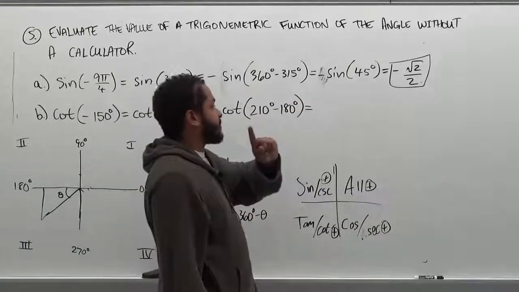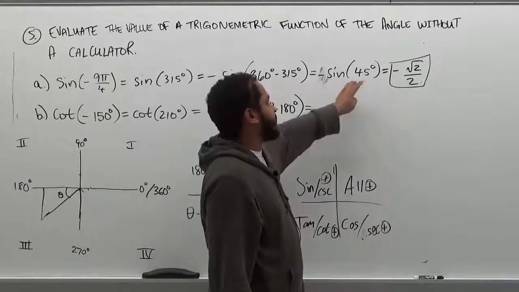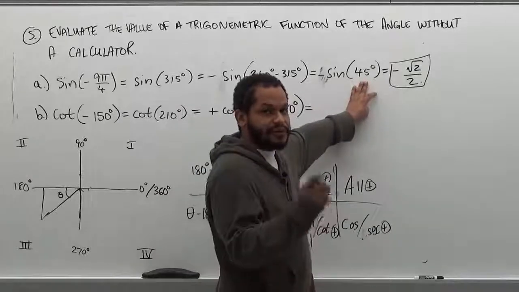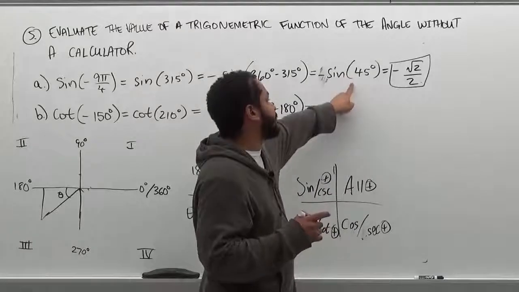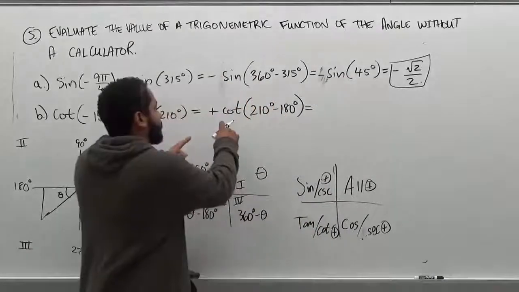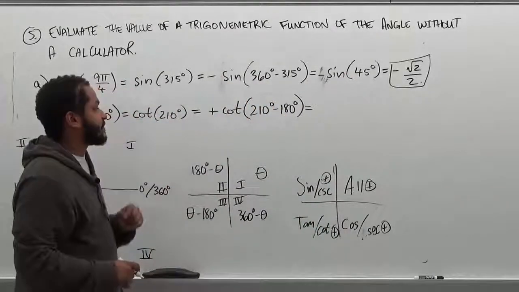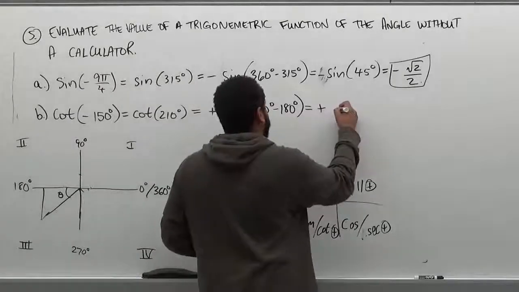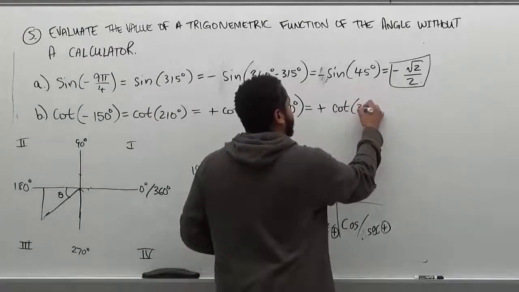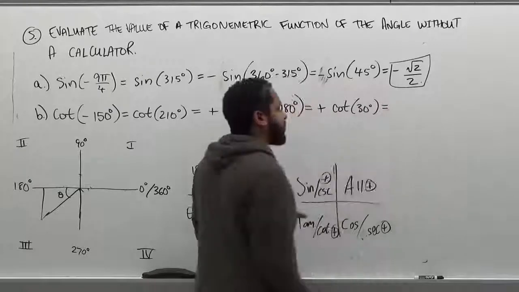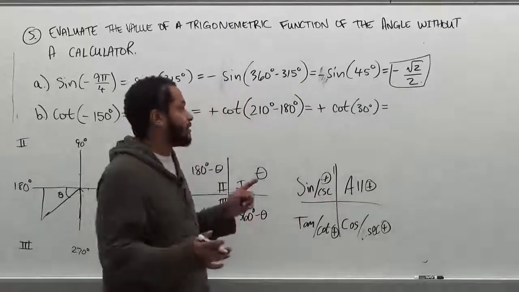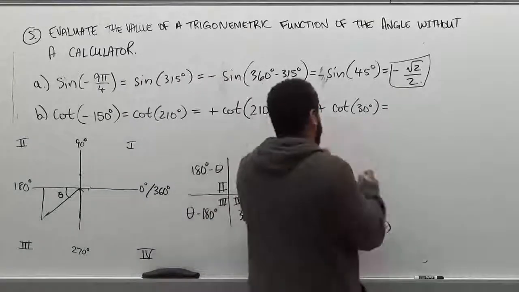And also, just for a note, if you're doing this with a calculator, this works with a calculator. Sine of 45 degrees, you set your calculator to 45 degrees, this solves it. The problem with cotangent is, cotangent is not on your calculator, but we do know this is positive, and we have the cotangent of 30 degrees. And to solve the cotangent of 30 degrees, what we want to do is use the invert function.